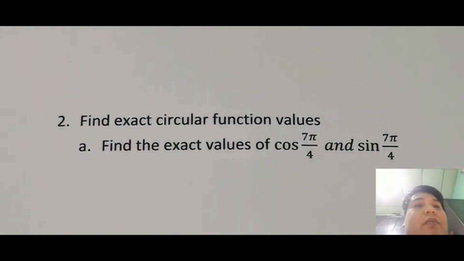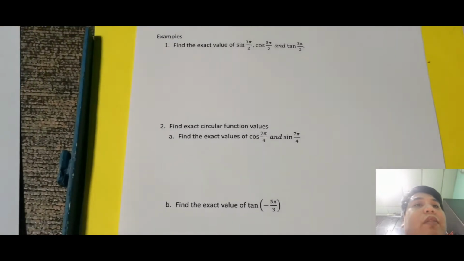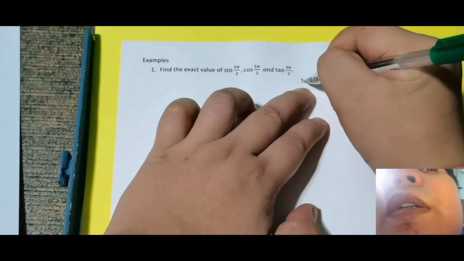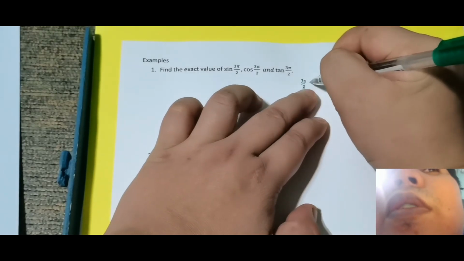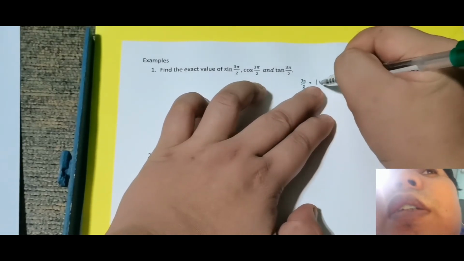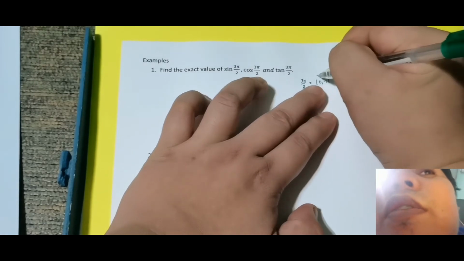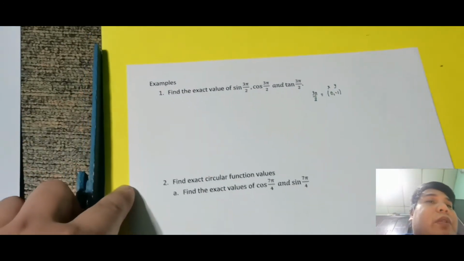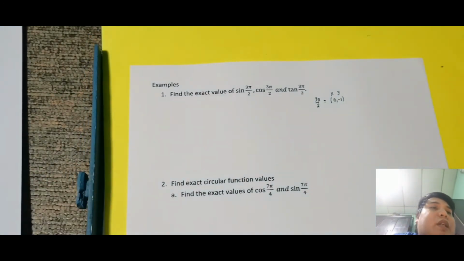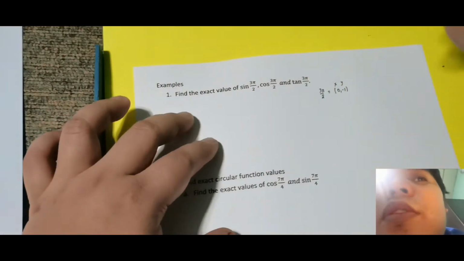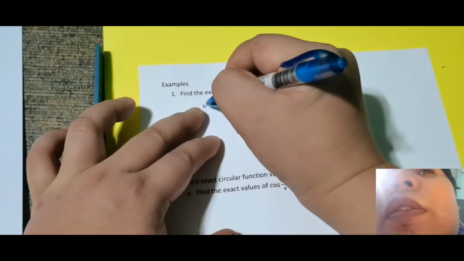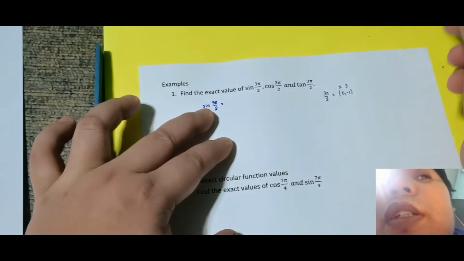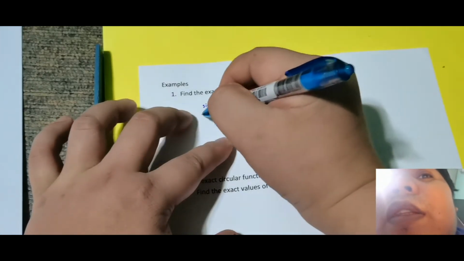Let me go back. The coordinates of 3 pi over 2 are 0, negative 1: this is x, this is y. The first question: what is sine 3 pi over 2? Remember that sine is just y, so sine 3 pi over 2 is equal to y, which is negative 1.